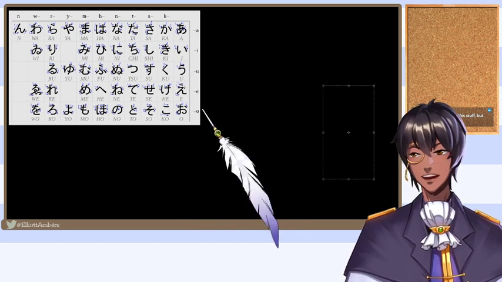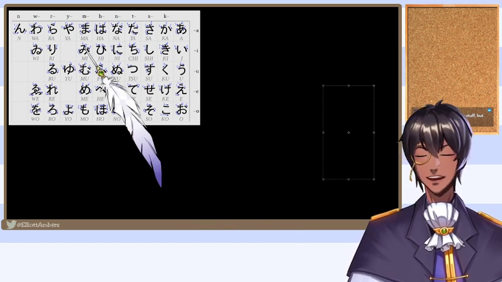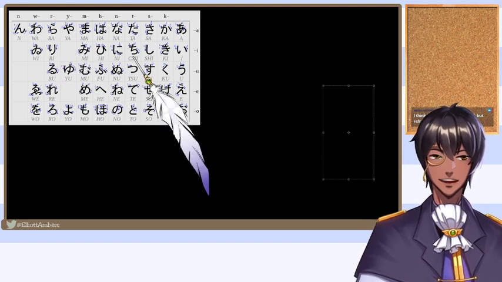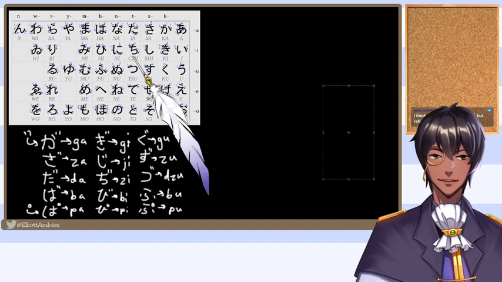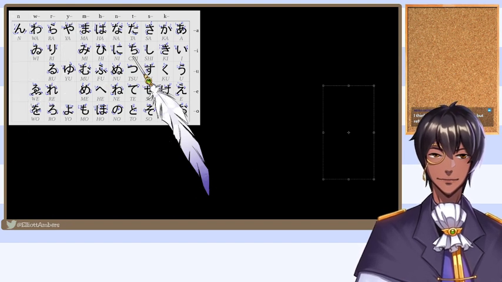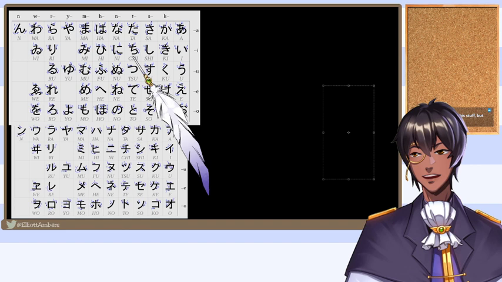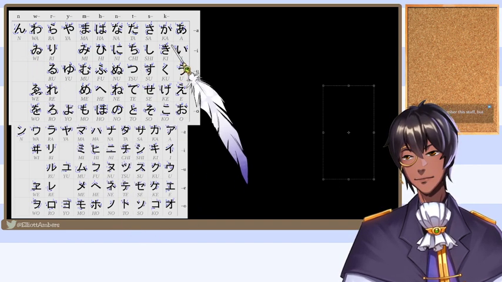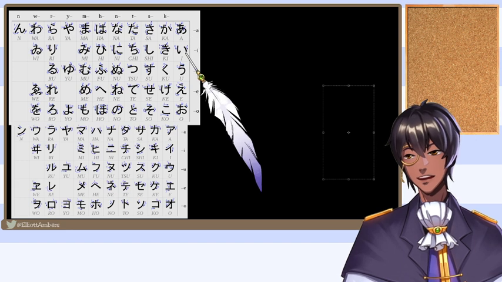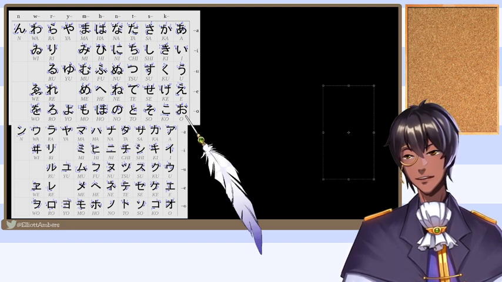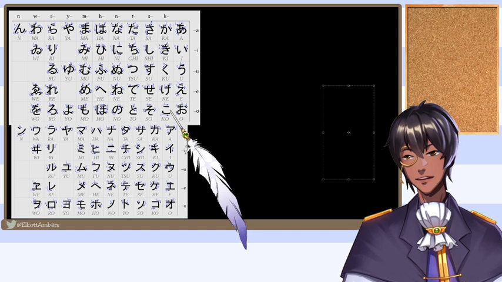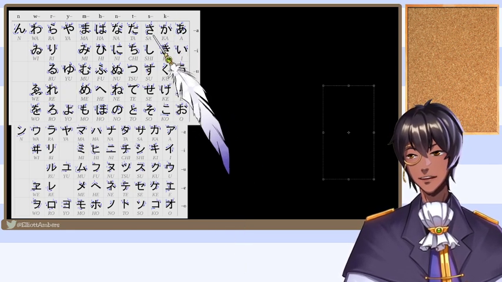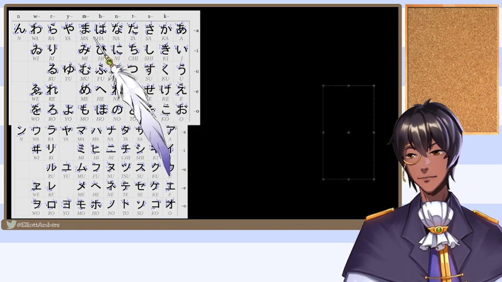So, the Japanese language, and good to see you here, regular expression, is split into sort of two alphabets, or two... I forget what it's called, but they're not really alphabets as much as they are libraries of syllables. So you can see we have the sounds here, A, I, U, E, O, Ka, Ki, Ku, Ke, Ko. So you can see the vowels line up with the consonant sounds, so sa, ta, na, ha, ma.